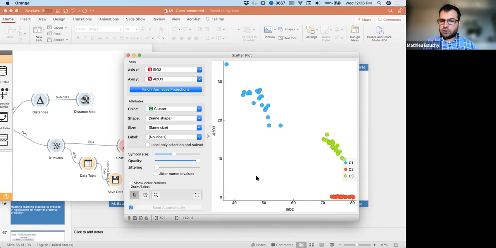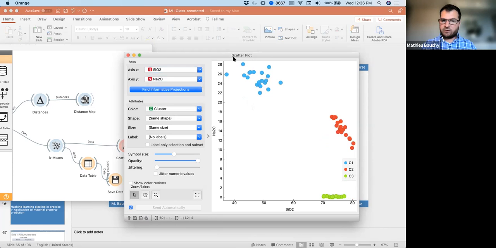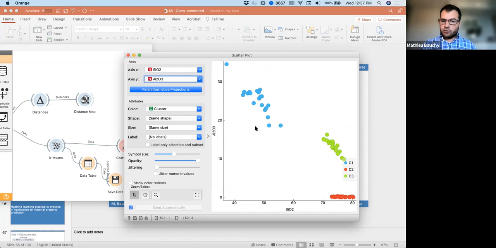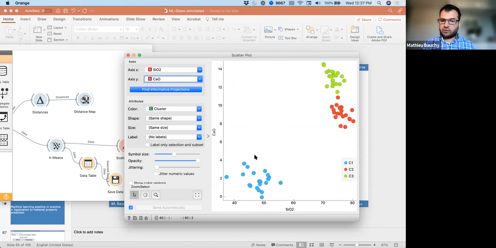The blue group contains more alumina. If we look in more detail at, for example, silica on the x-axis and sodium on the y-axis, this blue group would be a group of glasses that contain a lot of sodium and some silica and also some alumina. And on the other hand, if we look at calcium oxide, very little calcium oxide.